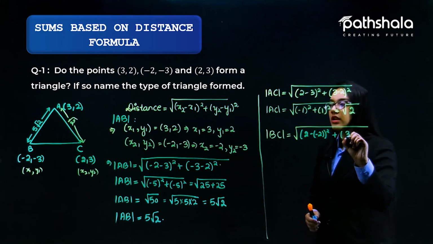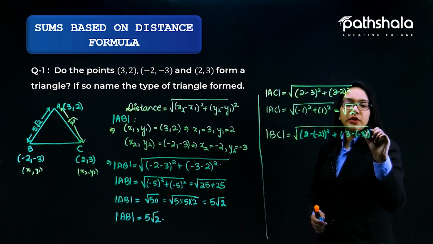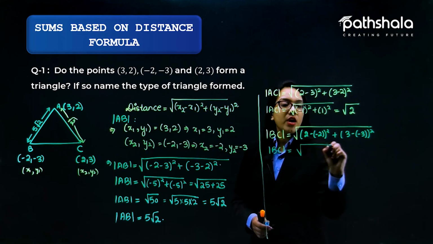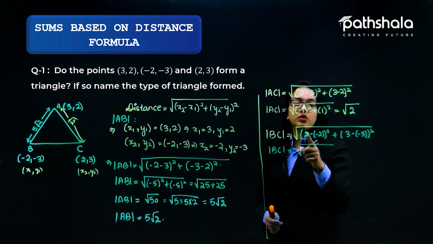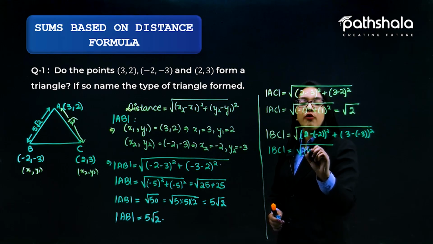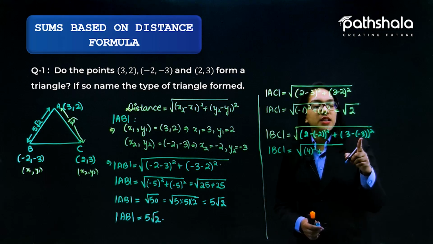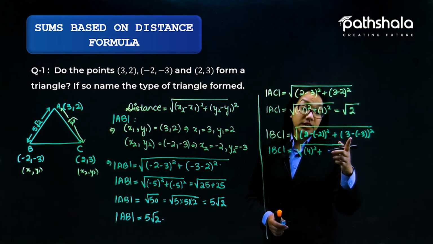Again further, plus 3 minus minus 3 whole square. Let's solve it. The distance BC is equal to the square root of 2 minus minus, which is plus, so 2 plus 2 is 4, so this is 4 square, plus further we have 3 plus 3, that is 6.